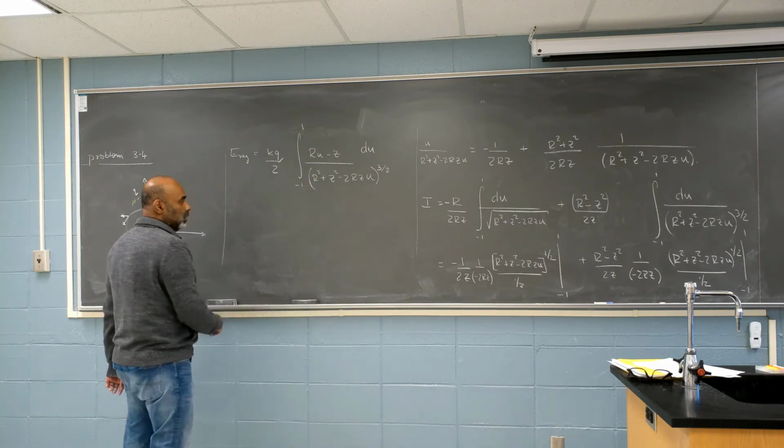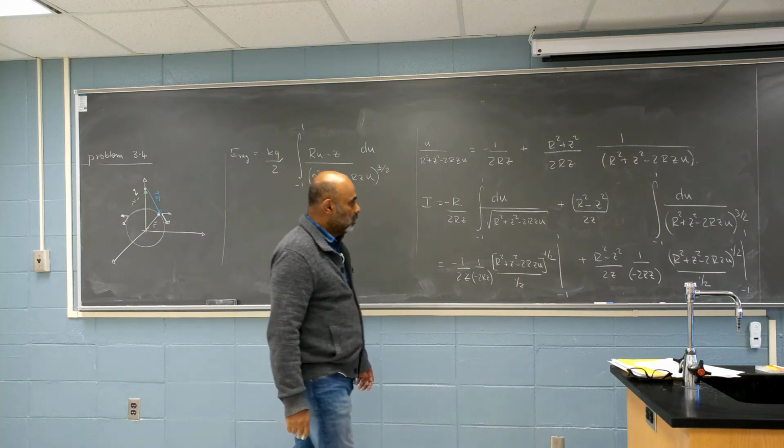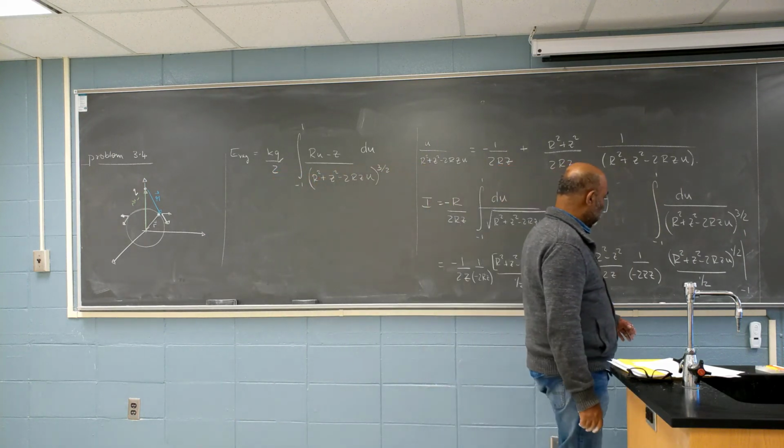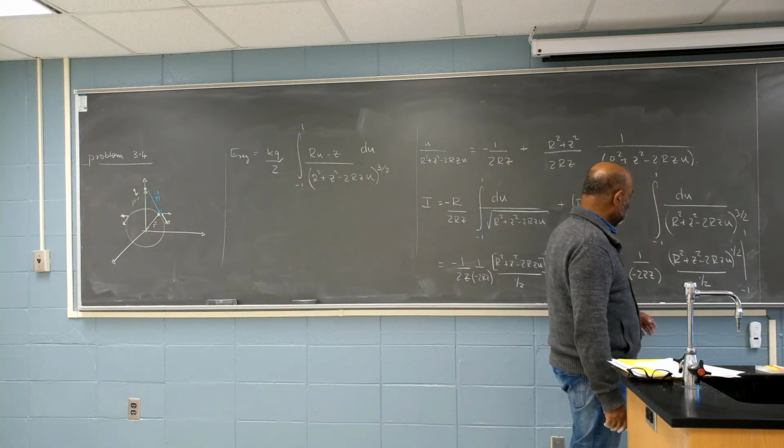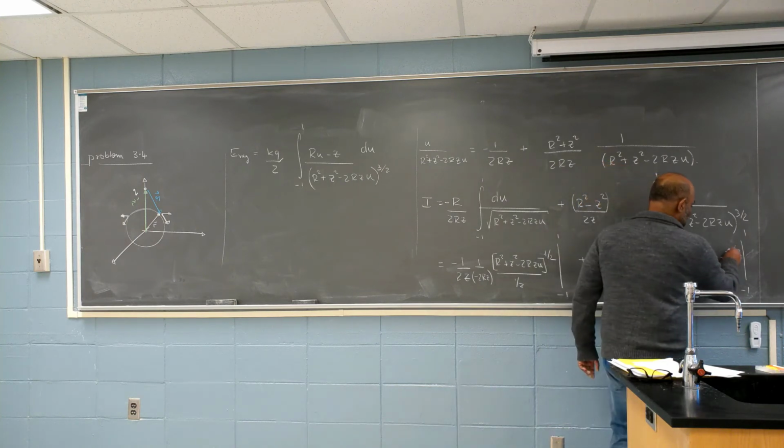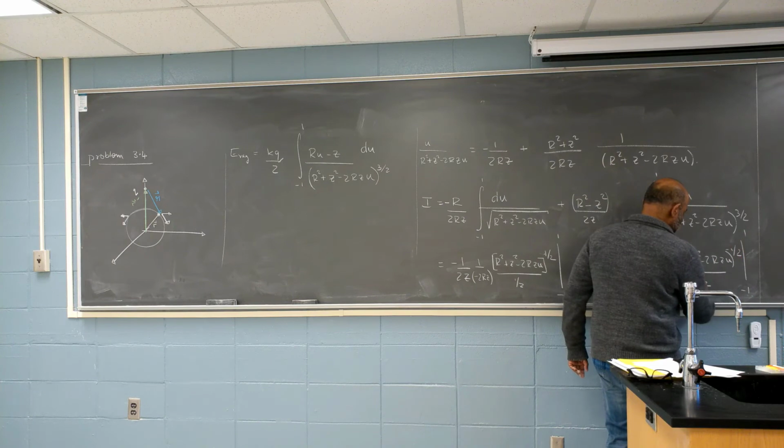The one that's at the bottom, it's u to the negative 3/2. Negative 3/2. So it becomes minus 1/2, right? Good. So that means this is also a good catch.